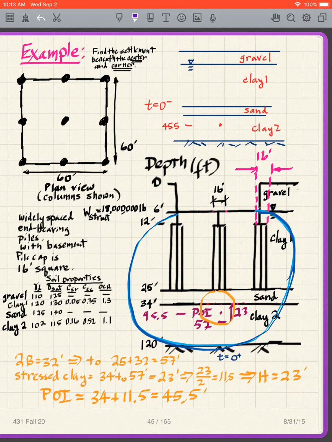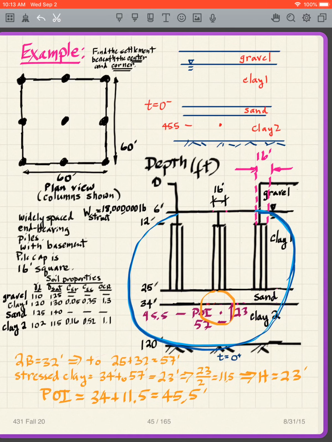Why? Because the major portion of the compression of the soil is taking place in this region here, in this little region that is being stressed by all of these small pile groups.